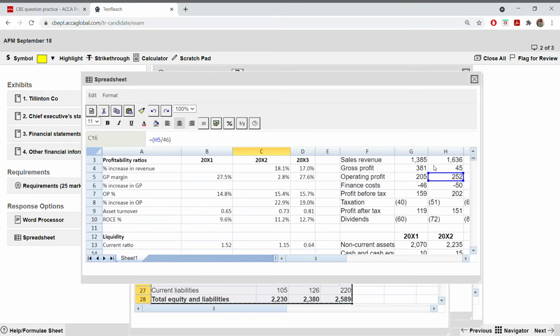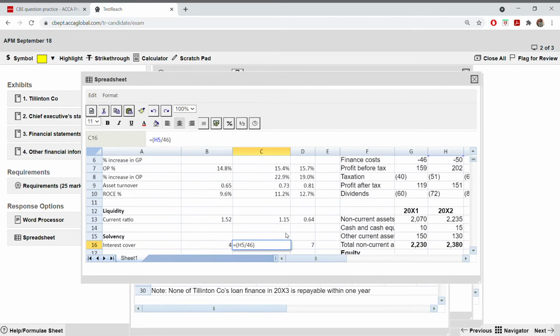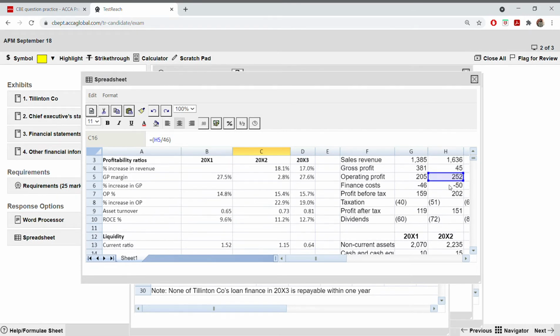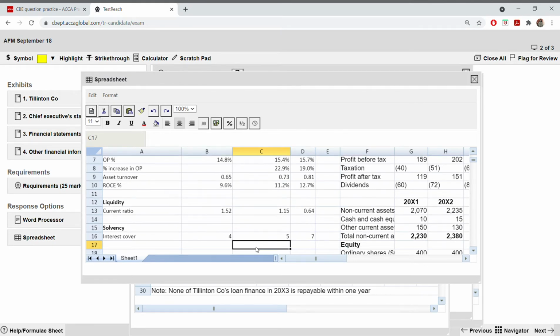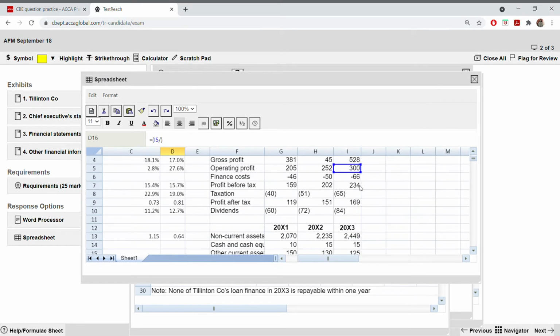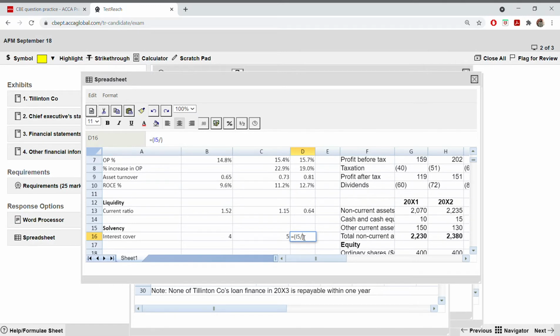Operating profit. So this H5 is what? H5 is operating profit only. 252. It will be divided by 50. So this is correct. And this will not be 46. Here the interest cover is 66.